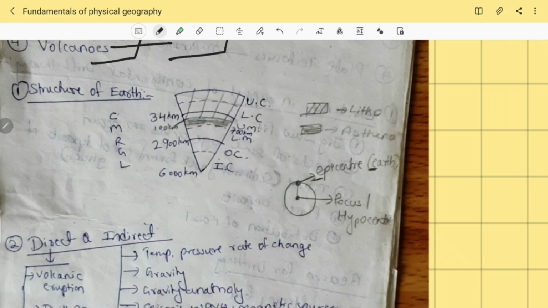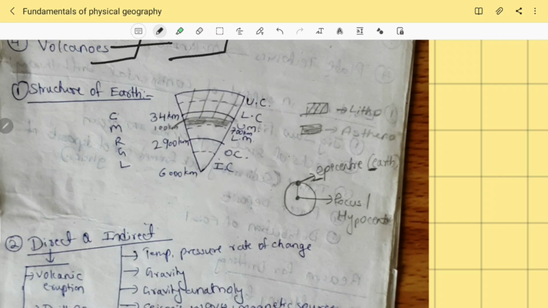Our earth is made up of three things: crust, mantle, and core. In those three, again there is a subdivision. In crust you have upper crust and lower crust, in mantle you have upper mantle and lower mantle, and in core you have outer core and inner core. So this is the structure of the earth.